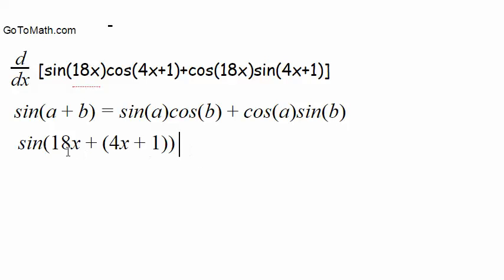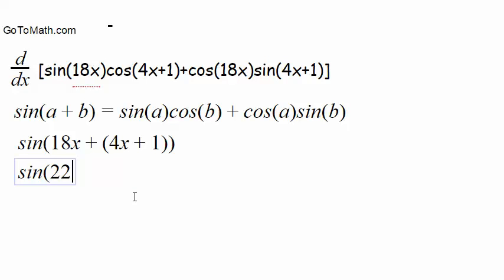So what we want to do here is simplify this down. Let's copy that. We're going to have 18x plus 4x, and what is that going to be?